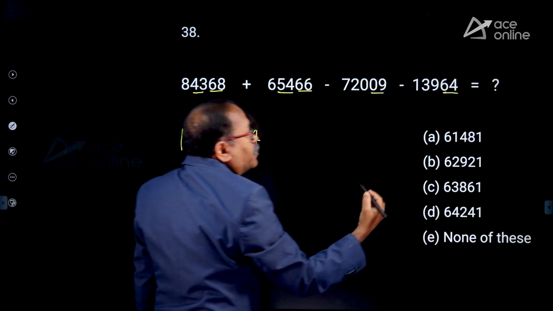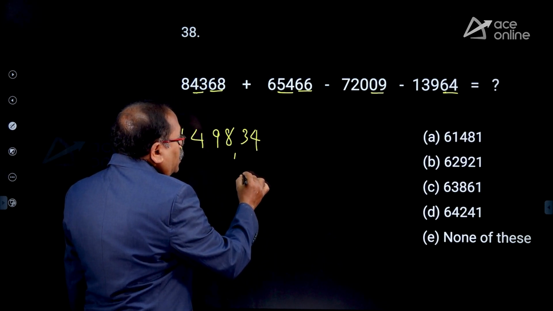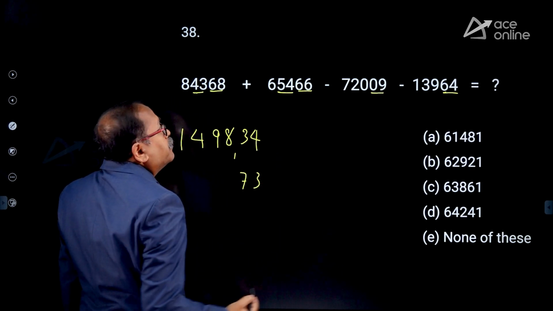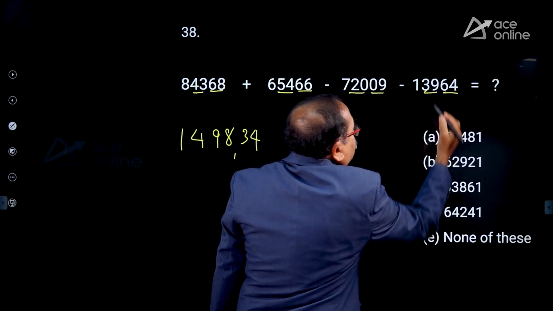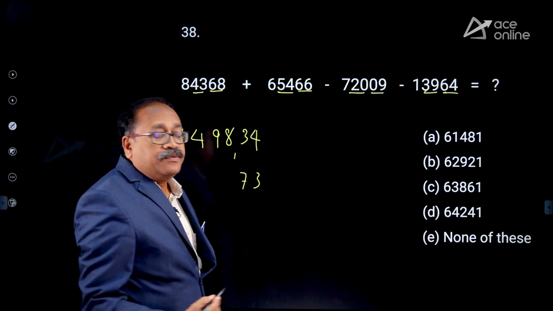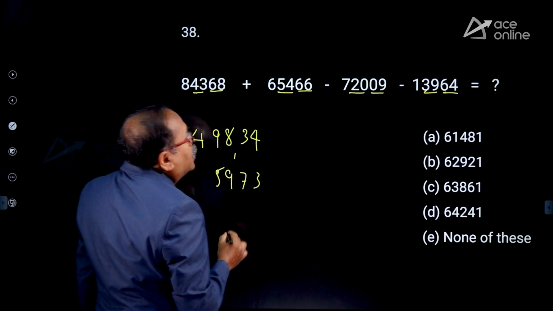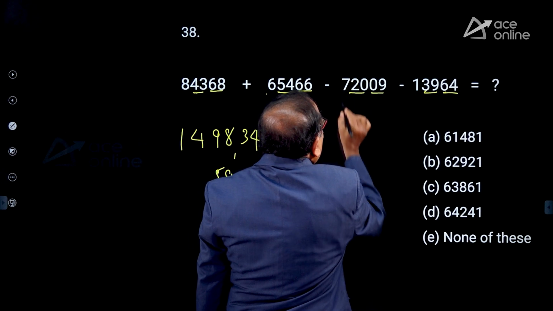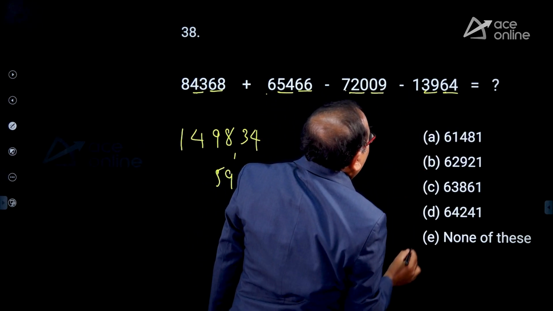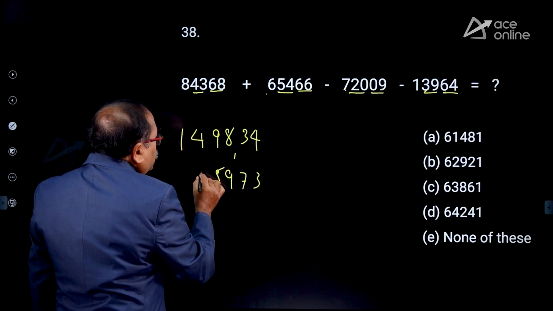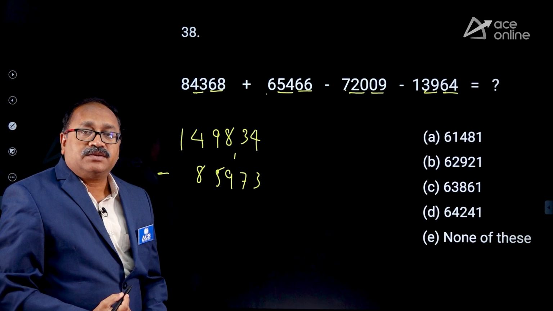So that is 64 plus 3 is 73. Let me write down here 73. And then comes here 20 and 39, which is 59. So here it's 59. And the next, 7 plus 1 is 8. So take that over here. By subtracting these two numbers, I get the result.